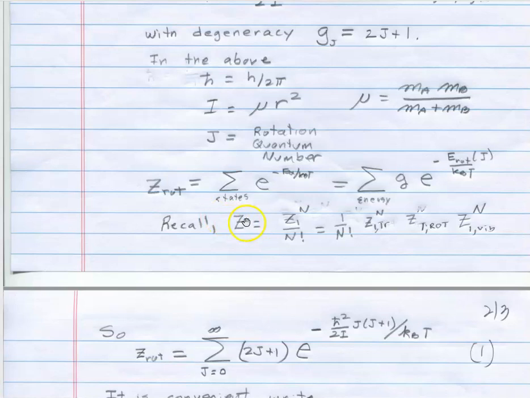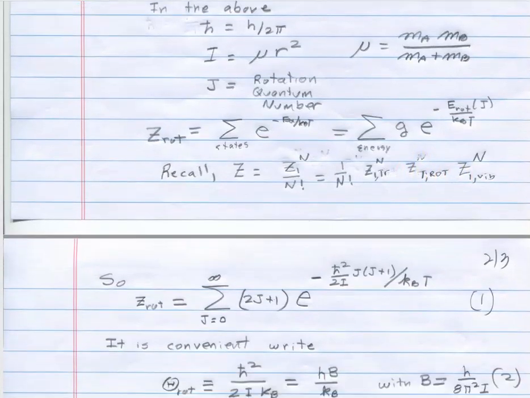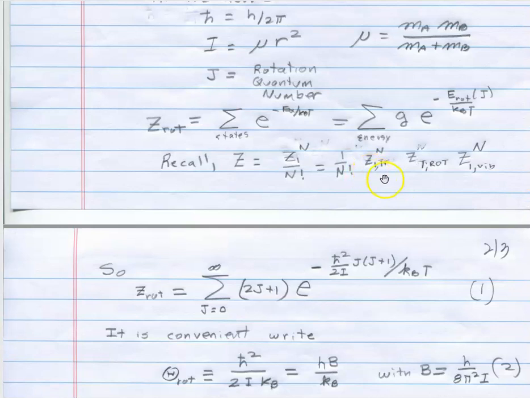Just to, again, set our notation a little bit, remember Z in general is Z1 to the N over N factorial for a system that has capital N particles, and this relates to the translational, rotational, vibrational, and maybe even others, electronic, even nuclear. But in our case, it's Z to the N. Rotation is the one that we're focusing on, although I'm going to drop the 1 here. Again, your book would call these little z's, probably small z's. Some people would call them small q's. I've seen that notation used quite a bit, so don't be surprised if you see that.